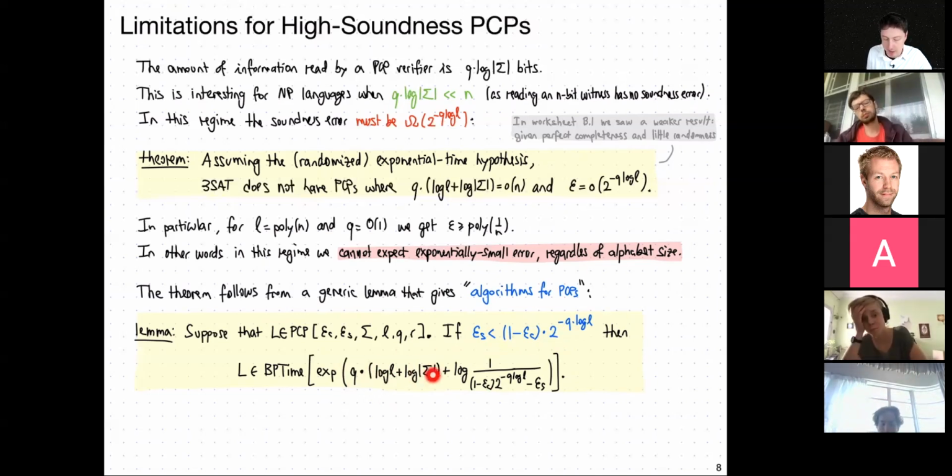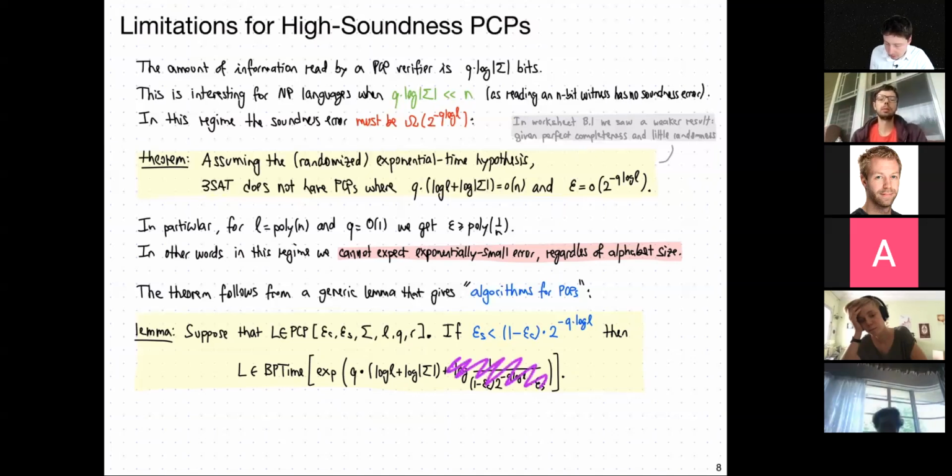The important one is roughly here: exponential in Q log L log sigma, so that if Q log sigma is sublinear, then this whole thing is going to be sublinear, and it causes contradictions to exponentially hard problems. So let's just ignore for a moment this term over here. It doesn't really matter too much right now.